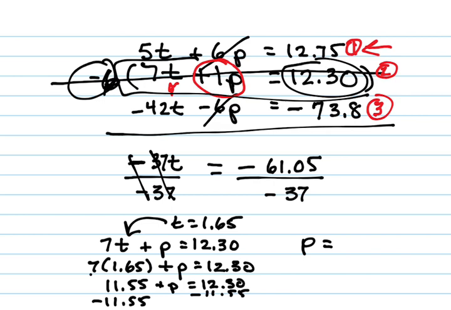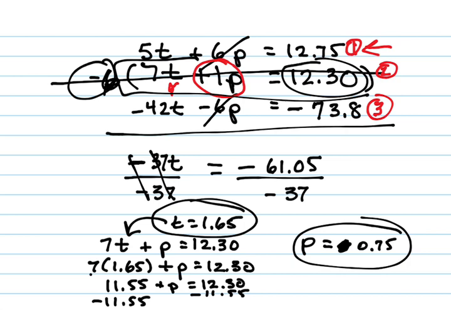Sorry? 0.75. So, therefore, every pencil costs 75 cents. Okay? So, every texta costs $1.65. Every pencil costs 75 cents.